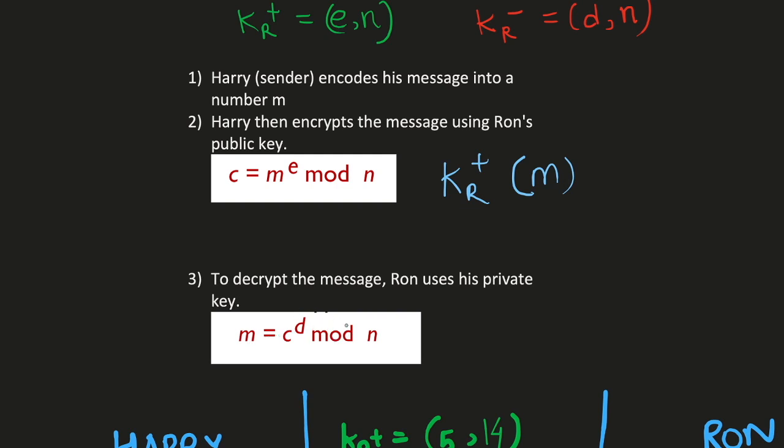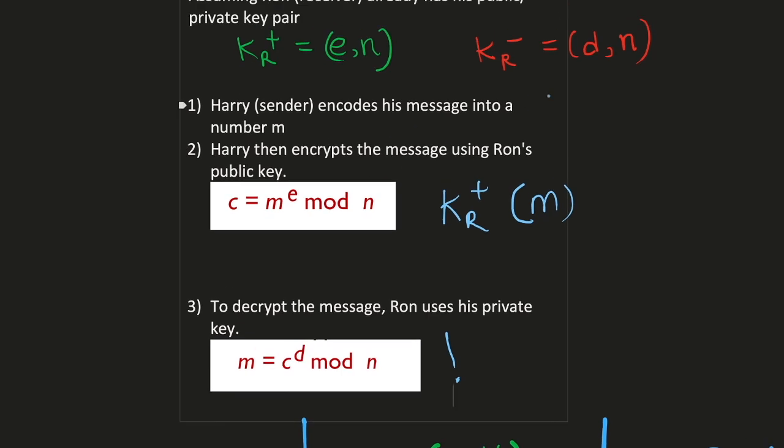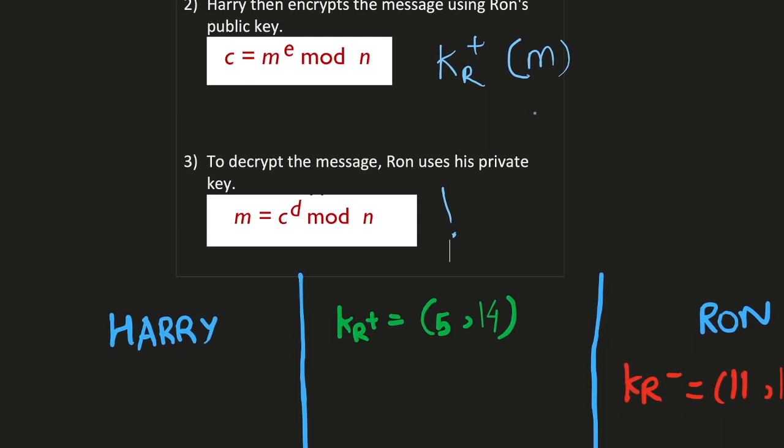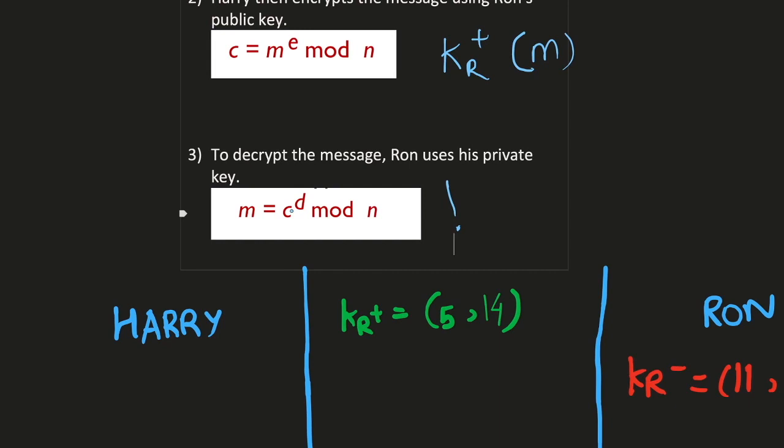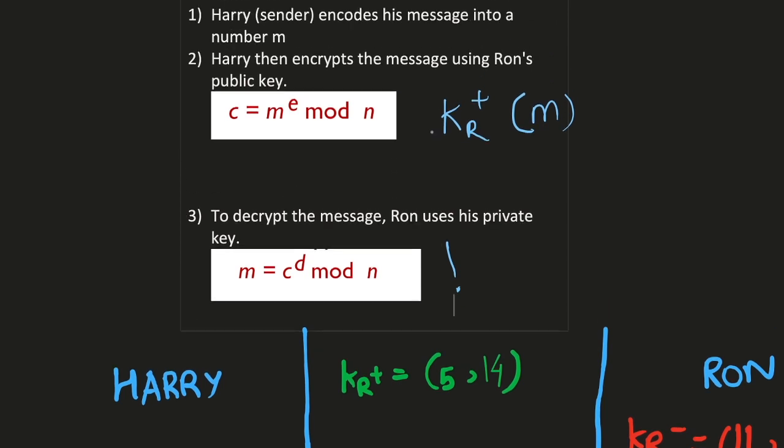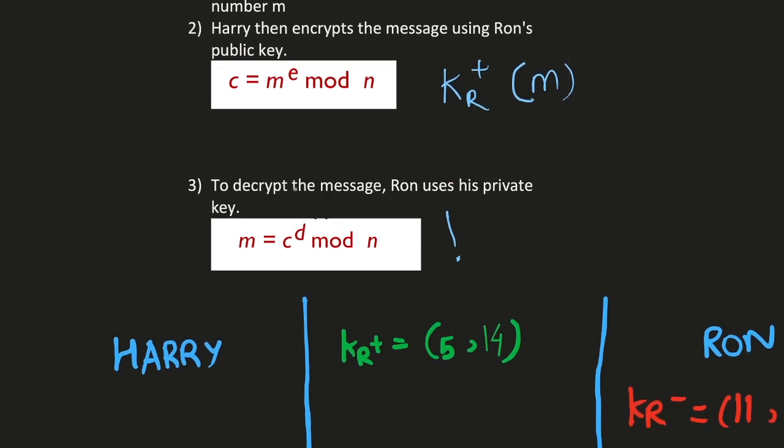This is where it's interesting. Because you've chosen e and d in such a way, this is where the magic happens: raising c to the power d and then taking mod n magically gives us back the message that Harry sent. So Ron gets Harry's message.